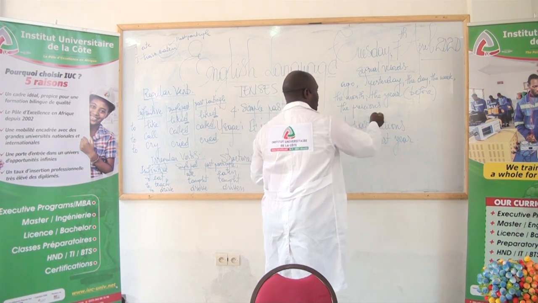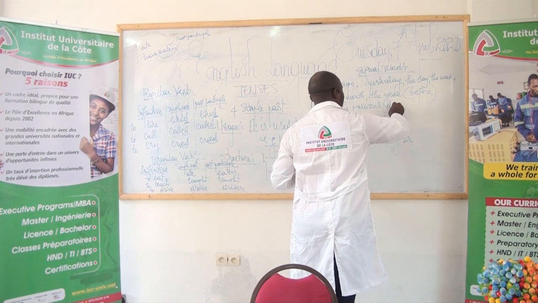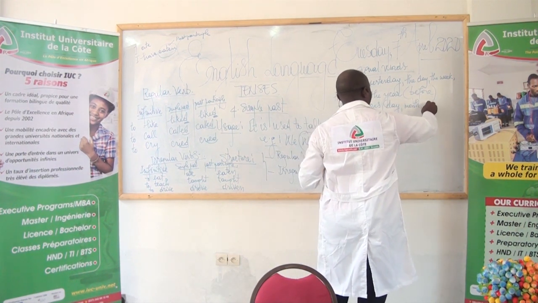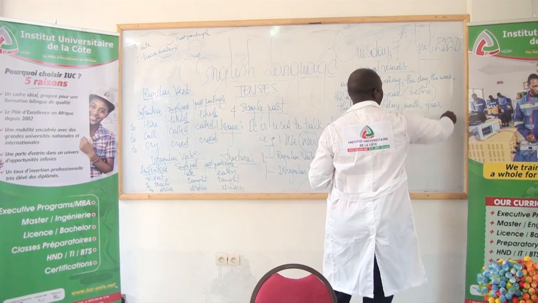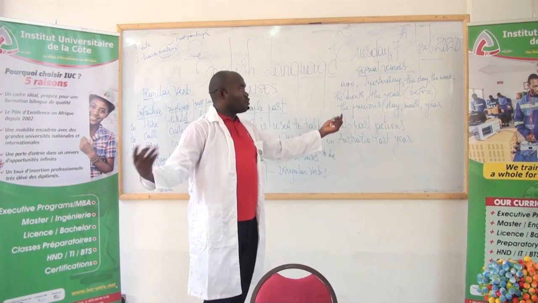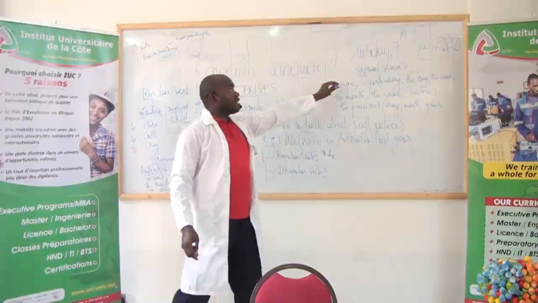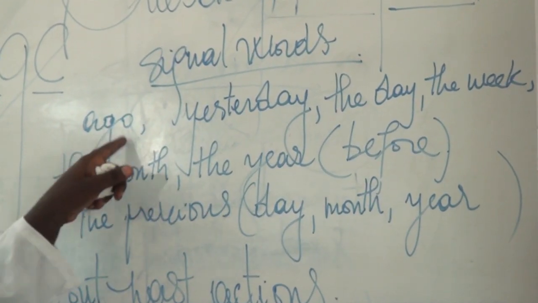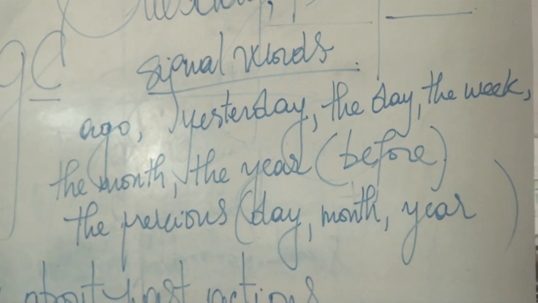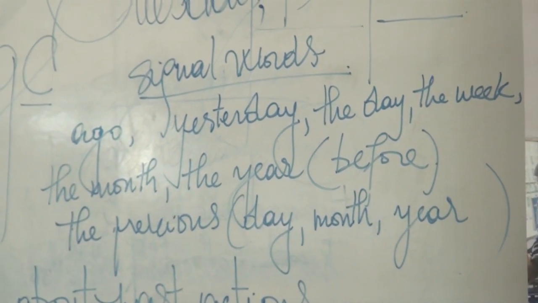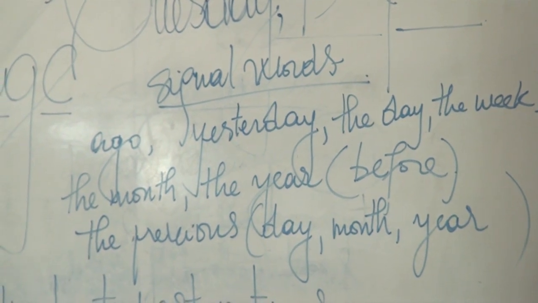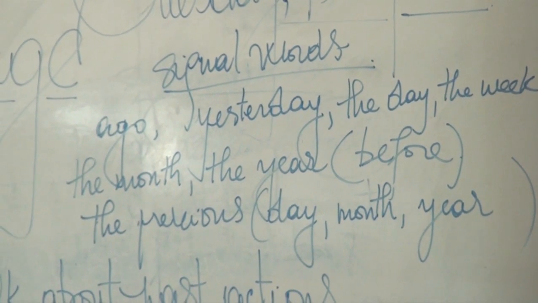We can say, for example, the previous day. We can talk of the previous month. We can talk of the previous year, and of course, we can talk of the previous week. So these are signal words of the simple past tense. So when you see any of these words in a sentence, obviously the verb will be conjugated into the simple past tense. So we are going to continue with the next tense.